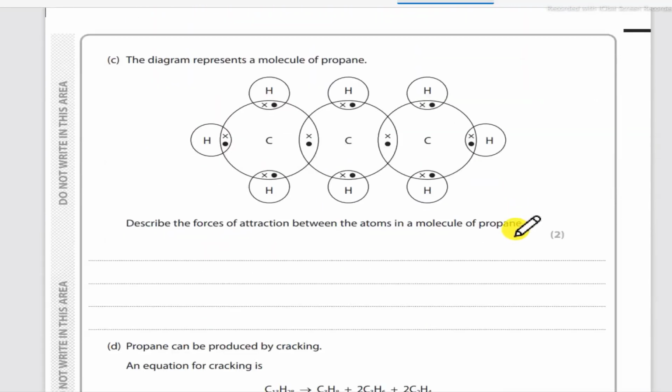The diagram represents the molecule of propane. Describe the forces of attraction between the atoms in a molecule of propane.